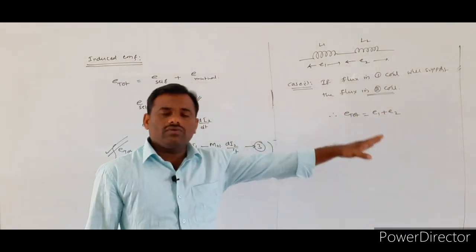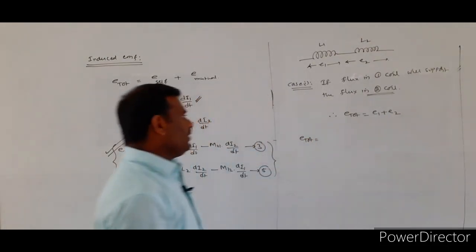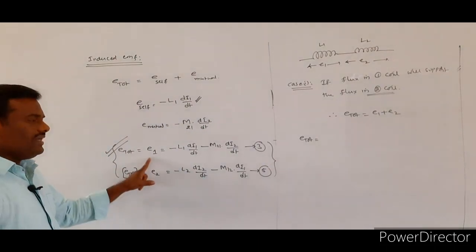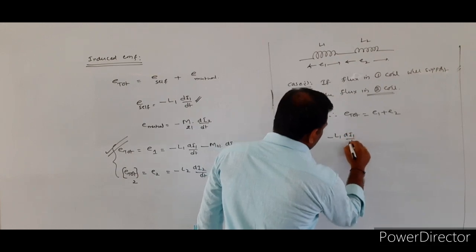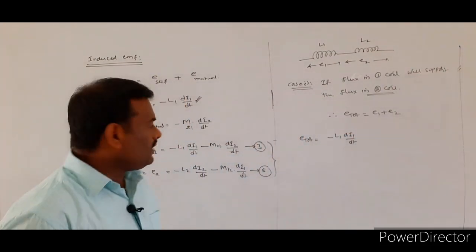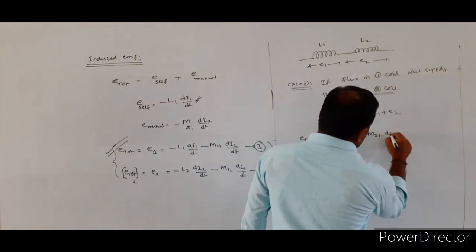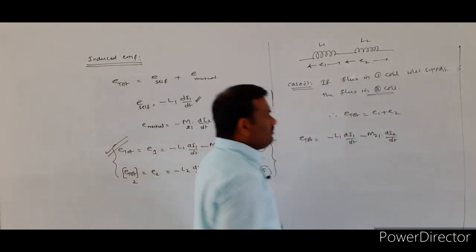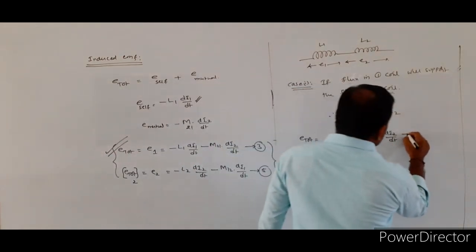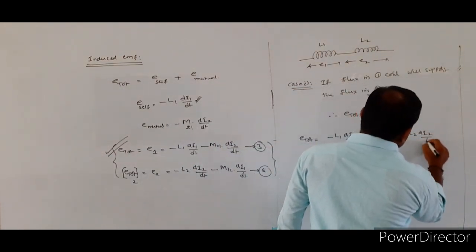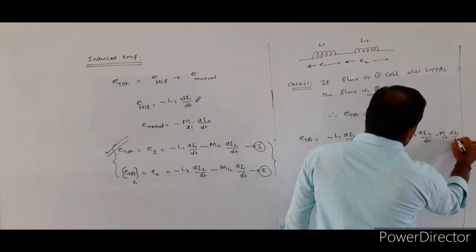So the total induced EMF is equal to minus L1 dI1 by dt, minus M21 dI2 by dt, minus L2 dI2 by dt, minus M12 dI1 by dt.